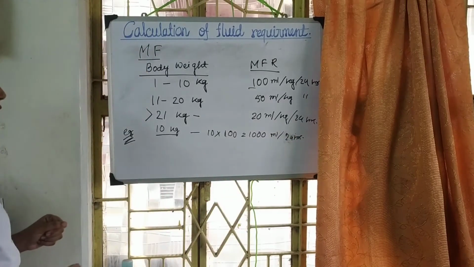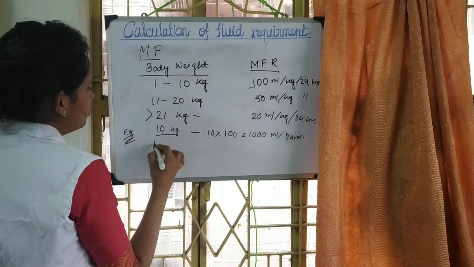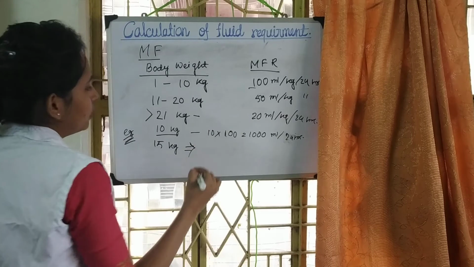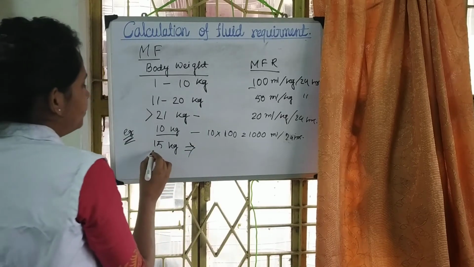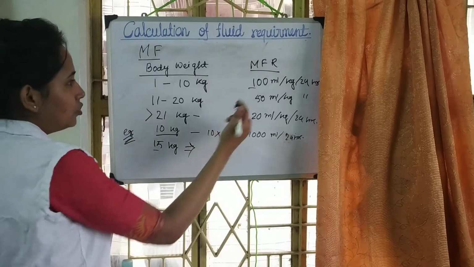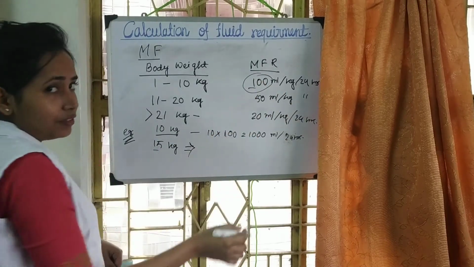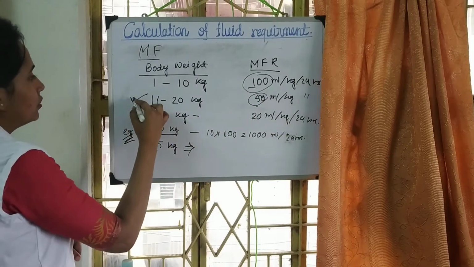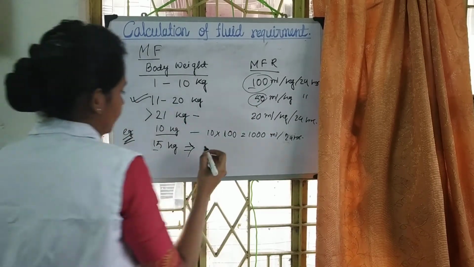Next example: if the body weight of the patient is 15 kg, what is the maintenance fluid required? For the first 10 kg we use this formula, and for the next 5 kg we use this formula, because 15 kg is in the 11 to 20 kg range.